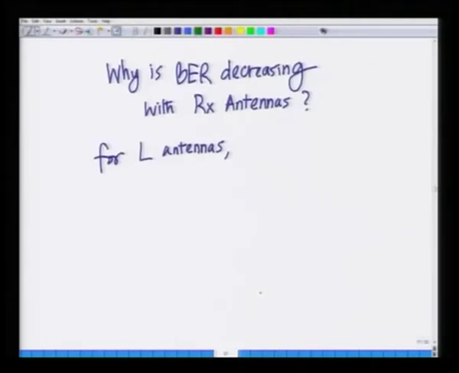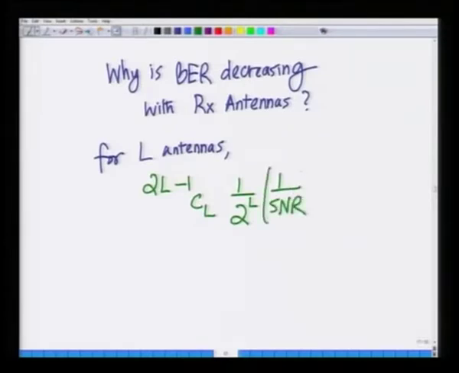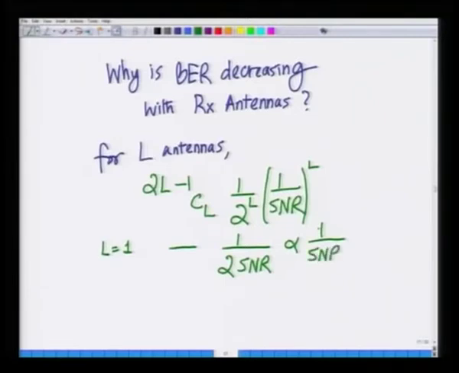For L antennas, we said the bit error rate is given as (2L minus 1 choose L) times 1 over 2 to the power of L, times 1 over SNR to the power of L. Now, for L equals 1, that is 1 receive antenna, we have the earlier expression, which is bit error rate equals 1 over 2 SNR, which is proportional to 1 over SNR.